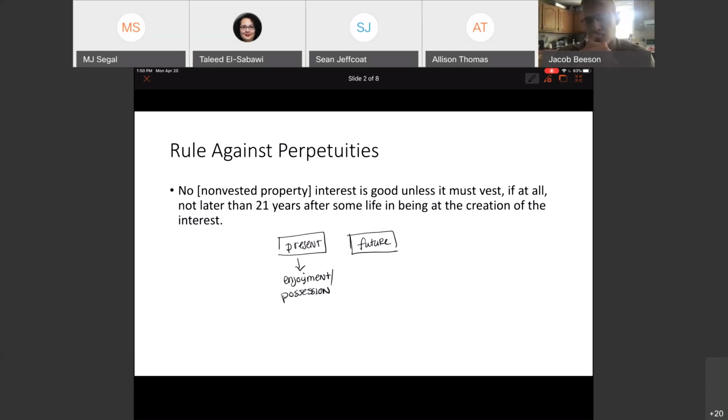With the future interest, you kind of have two rights. You have the future interest itself, just knowing that you're going to have something in the future. And then at some point, you will have the ability to possess. So it's deferred possession.